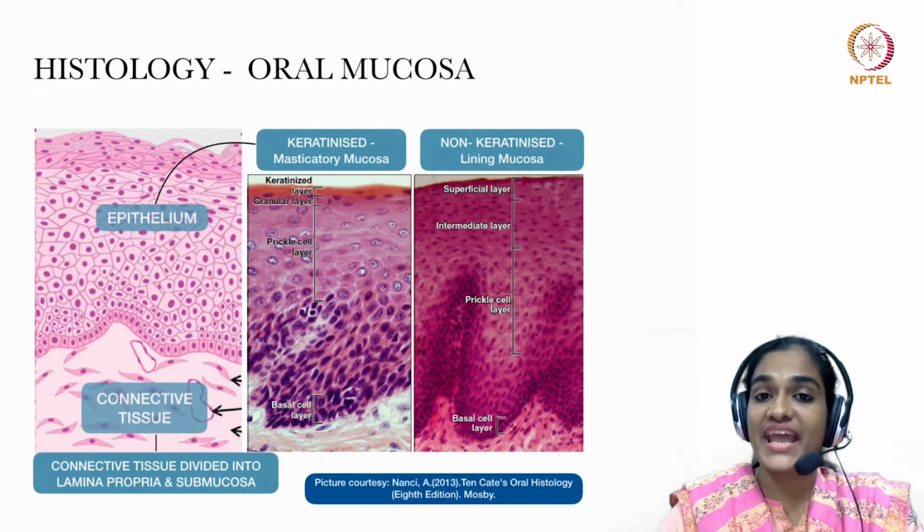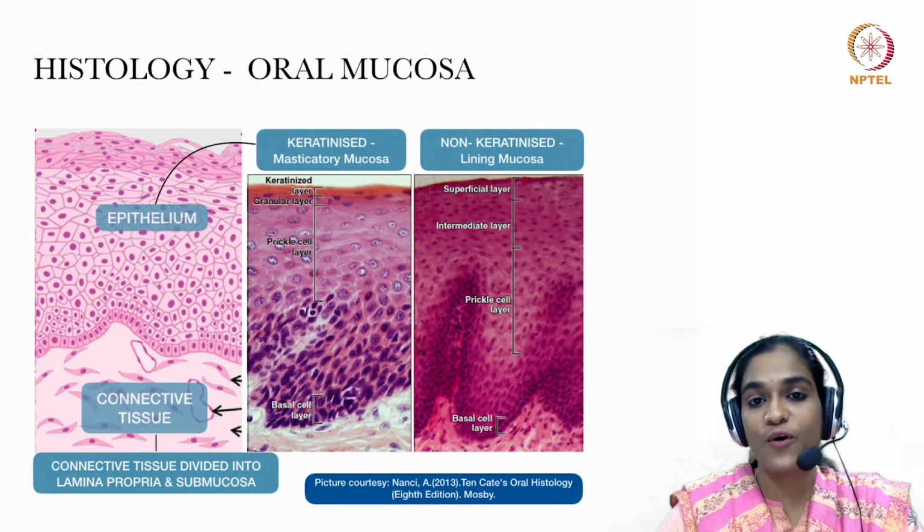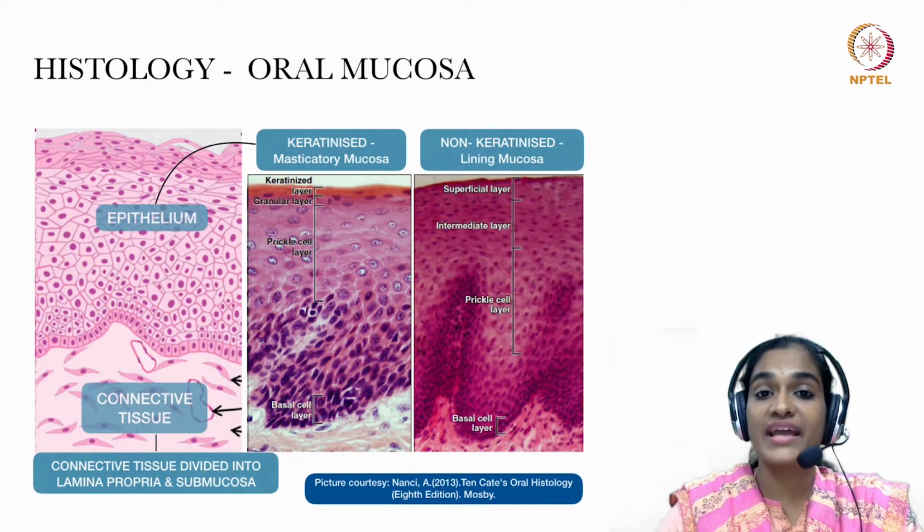Histologically, when you take tissue sections of the oral mucosa, you find two distinct tissue components. They are the overlying epithelium and the underlying connective tissue. The overlying epithelium is classically stratified squamous epithelium, which is stacked into different layers.